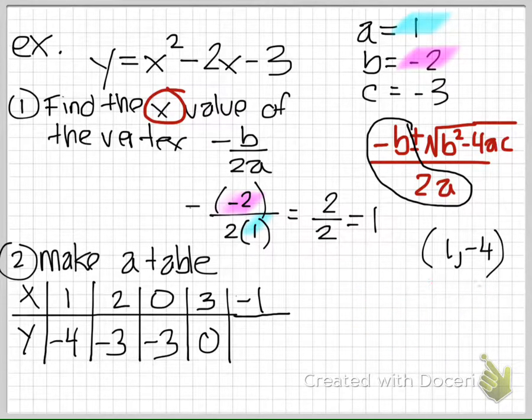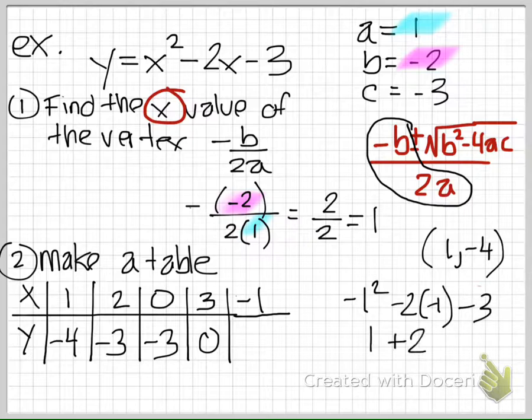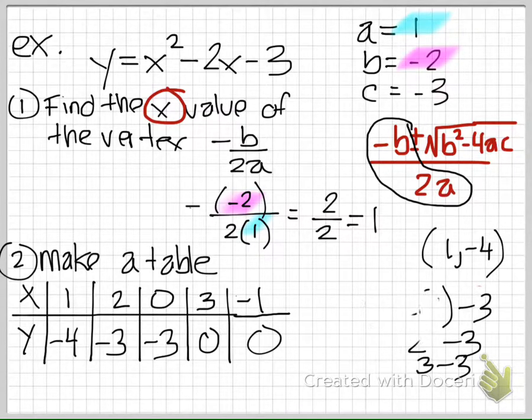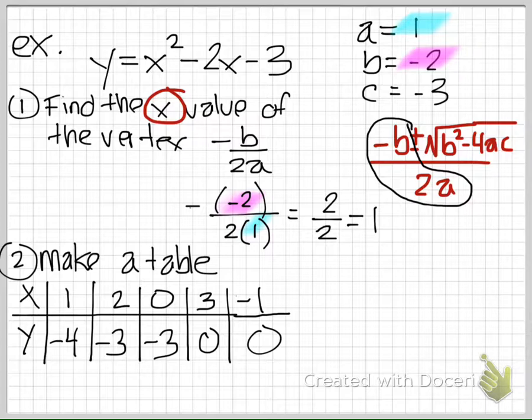Alright, and now I'm going to do the same thing with my -1. -1 squared minus 2 times -1 minus 3. Well, that's 1 plus 2. That's 3. 3 minus 3 is 0. So now we've got a bunch of points. Just like that first method I talked about when we started to graph a linear equation. I said you can graph these by plugging in x's and y's.